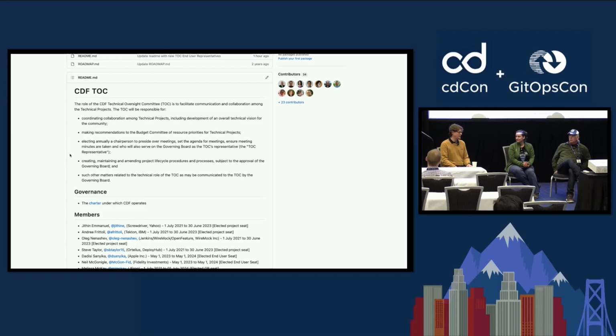So we have what are called special interest groups, and we have a few different topics, and those are communities within the CDF that come together to discuss things like interoperability, events, supply chain, and we have an MLOps interest group as well. And we have sponsors within the TOC, where each sponsor is responsible for one of these groups.